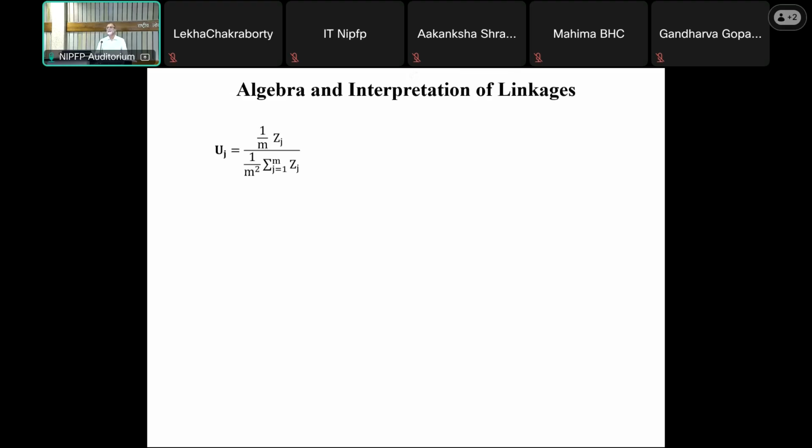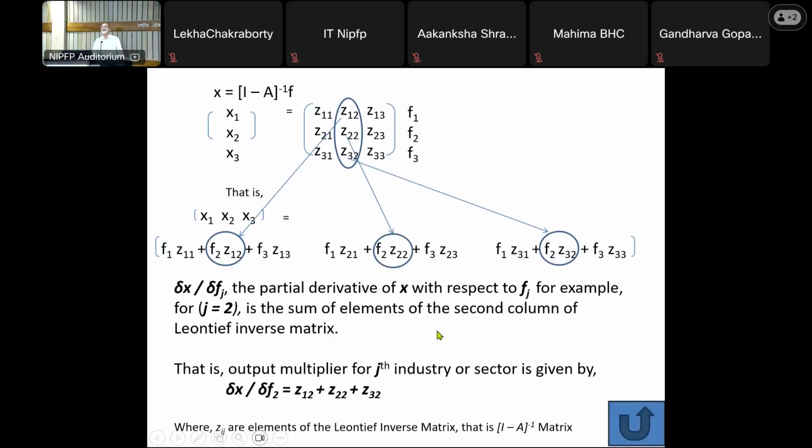It's actually very simple. I'll show you what it does. You have this I minus A inverse matrix, and these are the elements. So how do you draw a linkage? You look at the average level of this requirement from a particular industry.